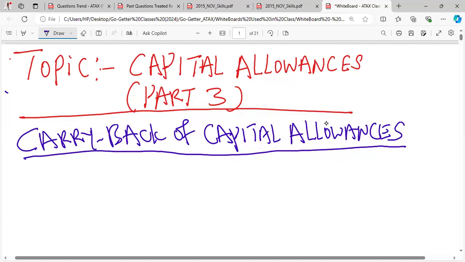What about capital allowances that you cannot recoup? What happens to them? Capital allowances in the year of cessation that you can't recoup, you can't carry forward, because the business is not moving forward. The business is ending. So what do you do? You carry them backward. Why?